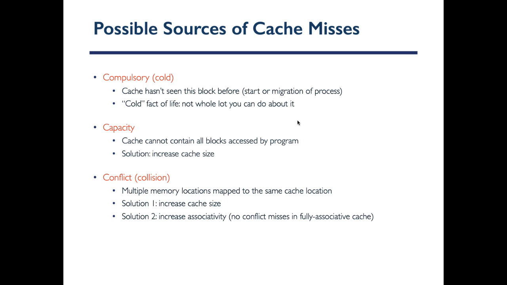So every time you want to cache one of those, you're going to evict the previously cached one. The solution to this one is to increase your cache size, like with capacity. If you have more blocks, then fewer memory blocks would be mapped to the same cache block. So the probability of conflict goes down.